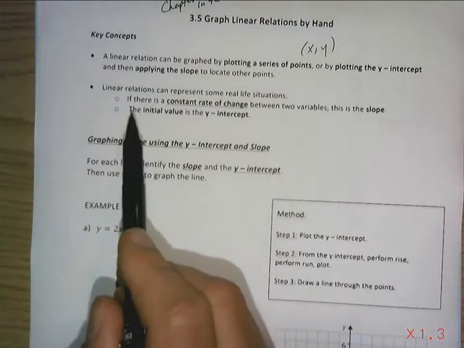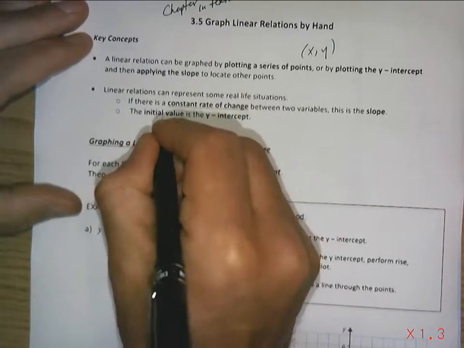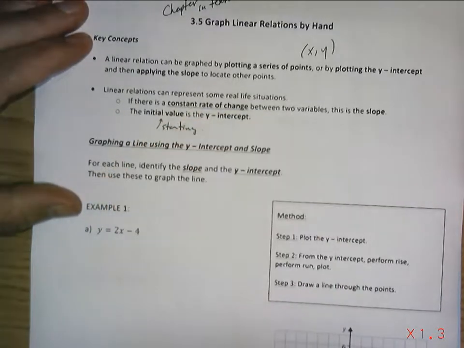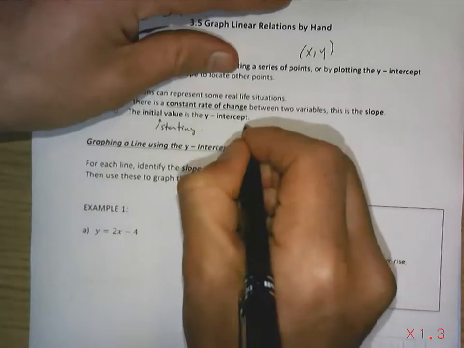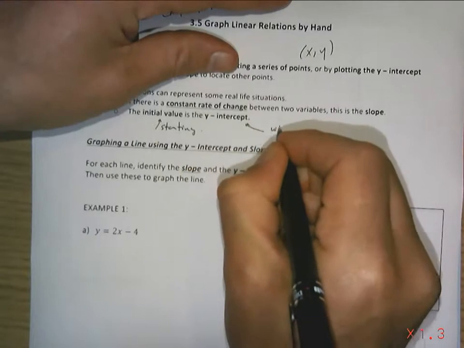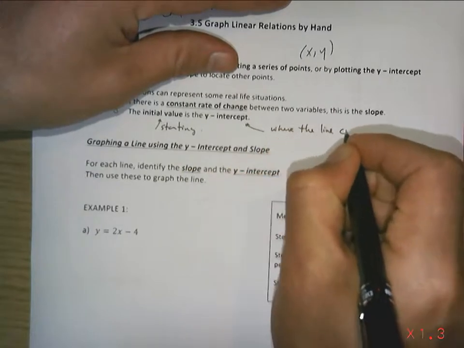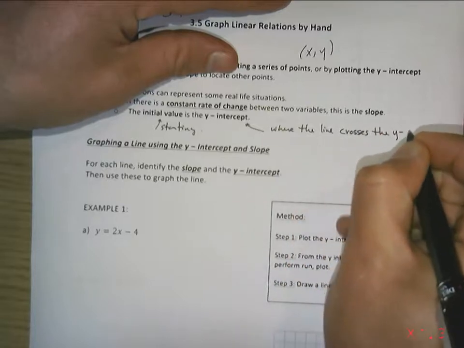Okay. The initial value, the starting value. Initial is another way of saying starting. So your starting value is going to be our y-intercept. And the y-intercept is going to be, as we should remember, where the line crosses the y-axis.